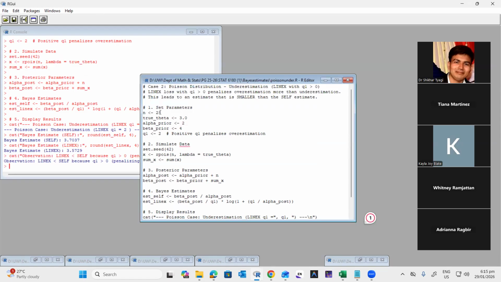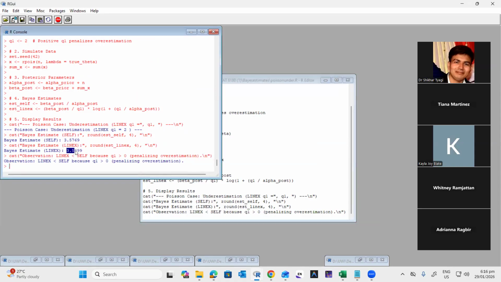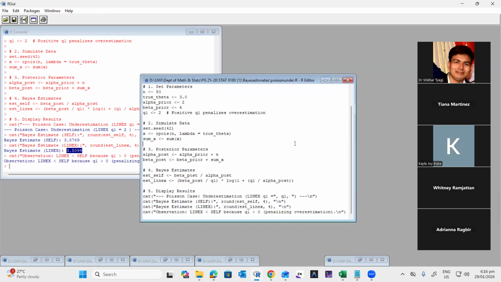Let me check one thing. If we increase the sample size up to 50, it will be 3.57 under the SELF, and under the LINEX it is 3.50, which means the Bayes estimate under the LINEX is still performing better than under the SELF. All right, if we change the value of alpha prior here, suppose we put 6 for alpha, and we are not going to change the value of beta here.